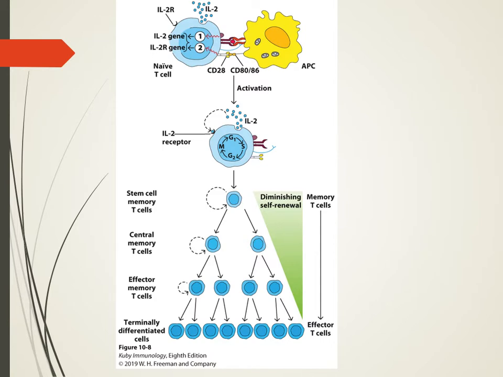Memory cells still have that self-renewing capability, so they can proliferate, make copies, and undergo clonal expansion. But terminally differentiated effector cells are not going to undergo self-renewal at the same rate or number that we would see with those more stem cell-like memory cells.